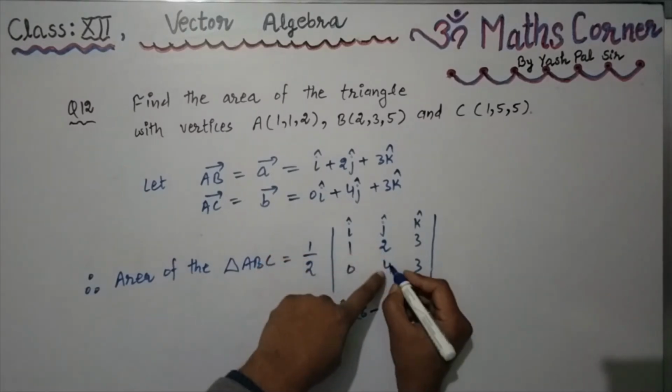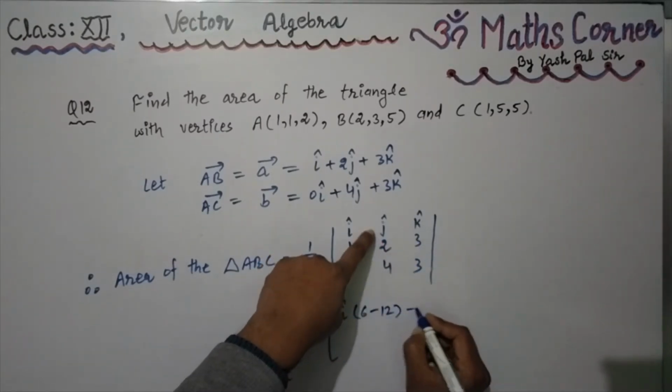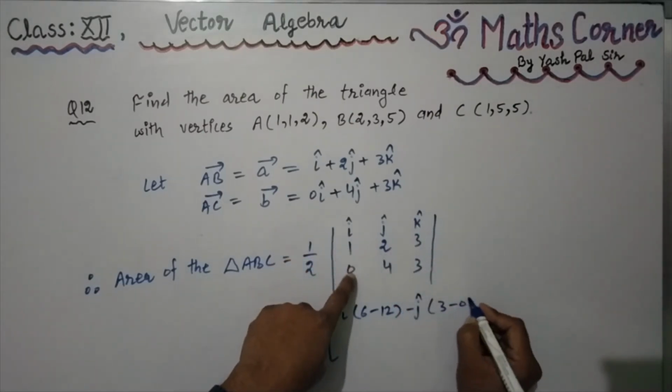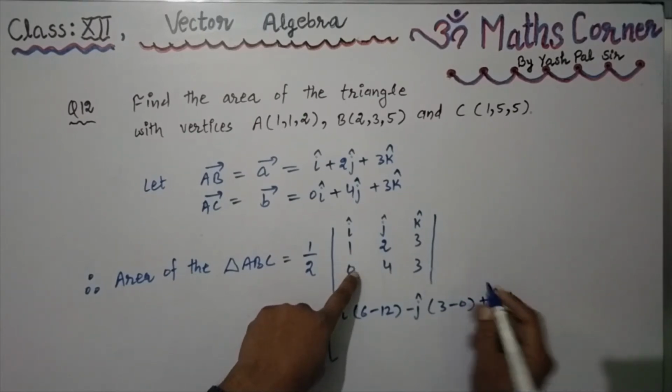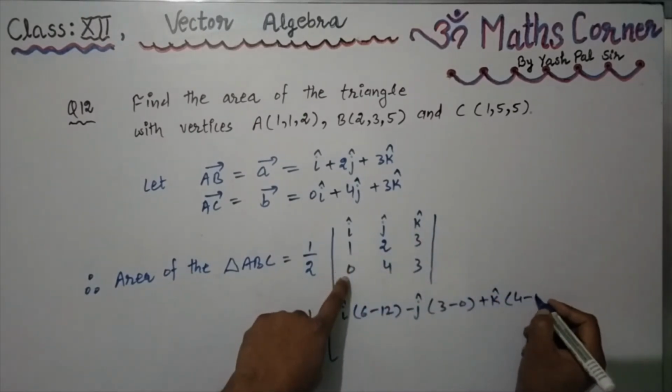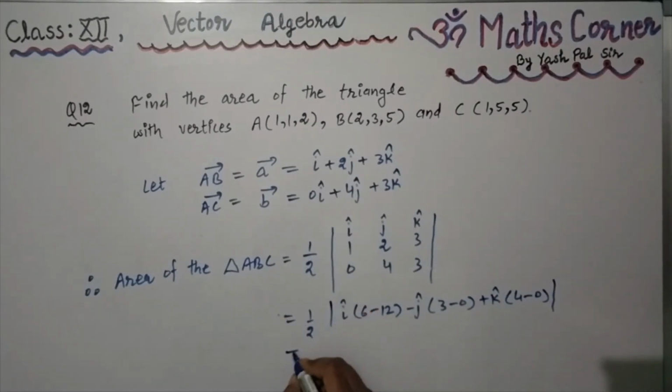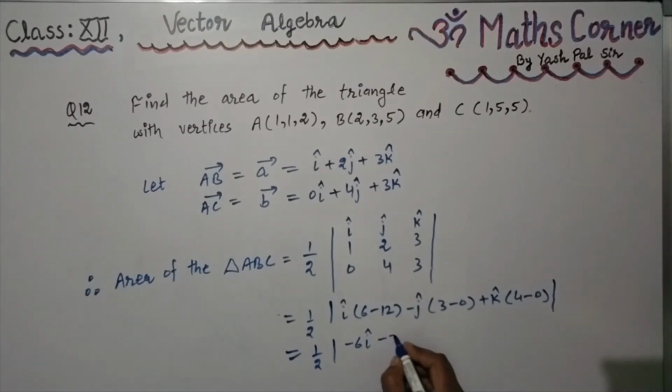So this becomes 1 by 2 into i into (2 into 3, 6, minus 4 into 3, 12) minus j into (3 minus 0) plus k into (1 into 4, 4, minus 0), modulus sign, because area is always non-negative. 1 by 2 into its magnitude, we can say the magnitude.